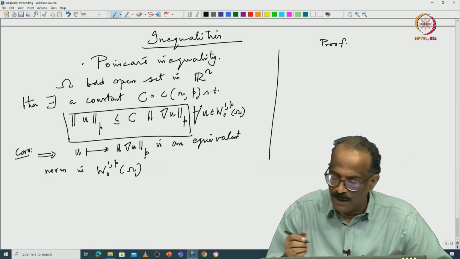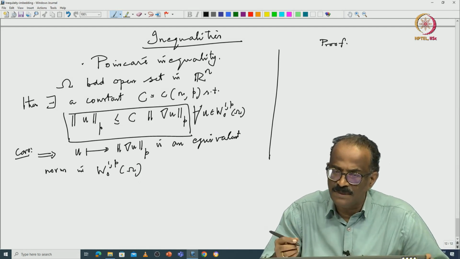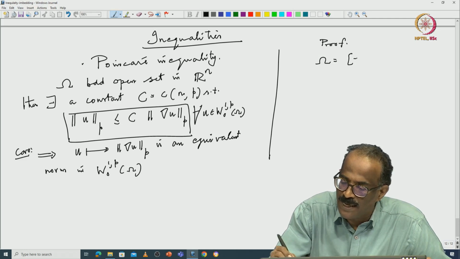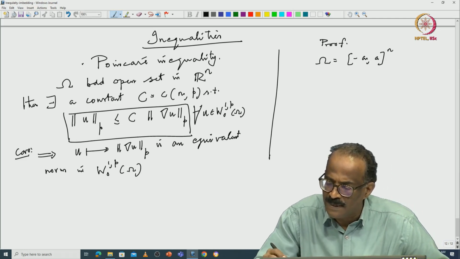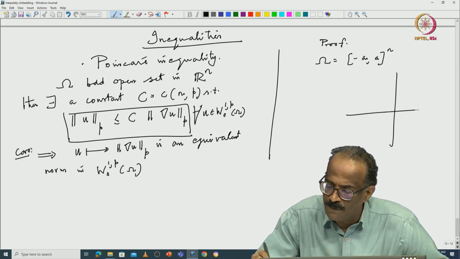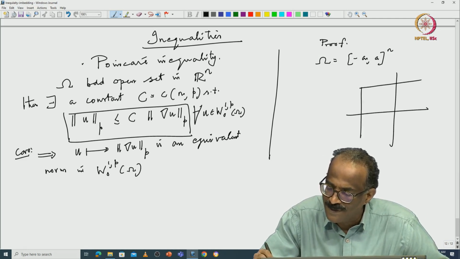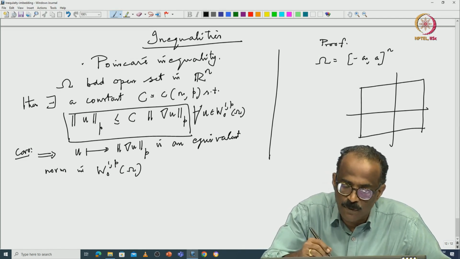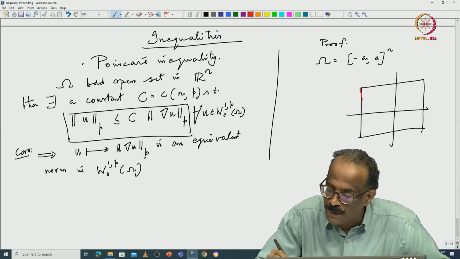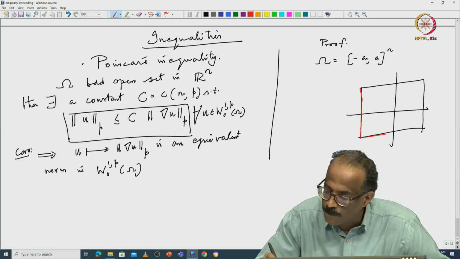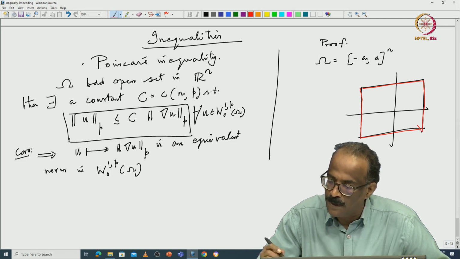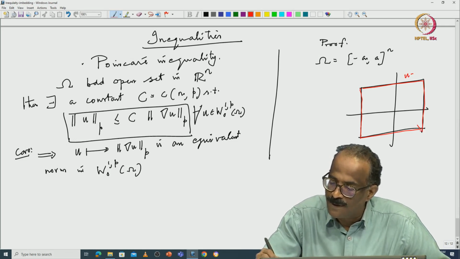For example, the easiest way of doing it is if omega is between minus a and a, and then it is easy. Suppose you have this omega like this, and you know that u is 0 here, this is your omega. So, u is 0 here.